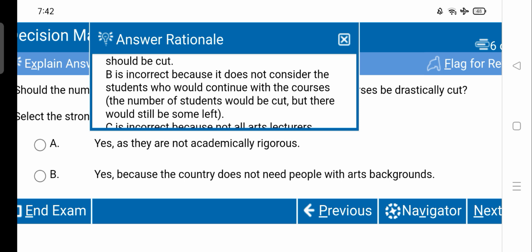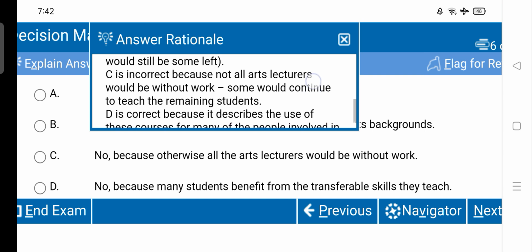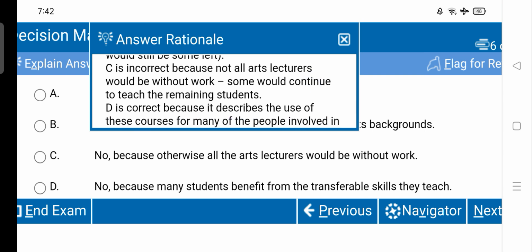The number of students would be cut, but there would still be some left. C is incorrect because not all arts lecturers would be without work. Some would continue to teach the remaining students.